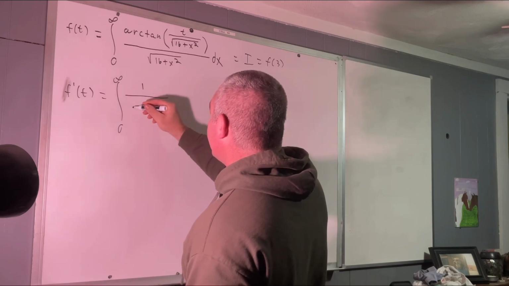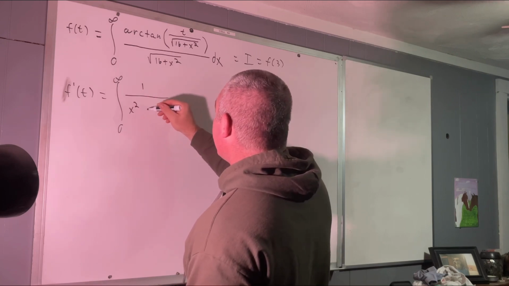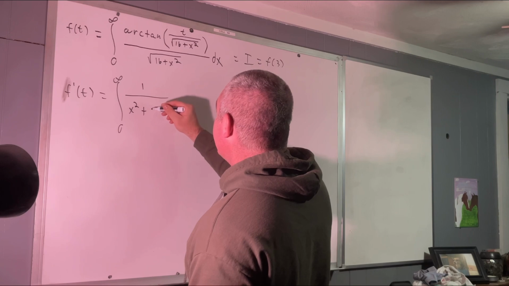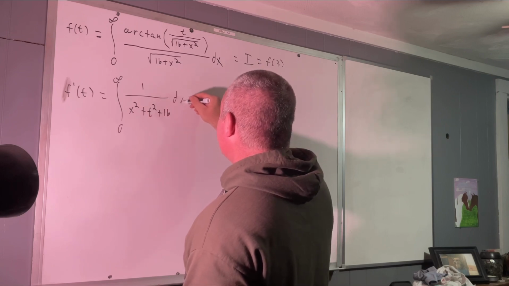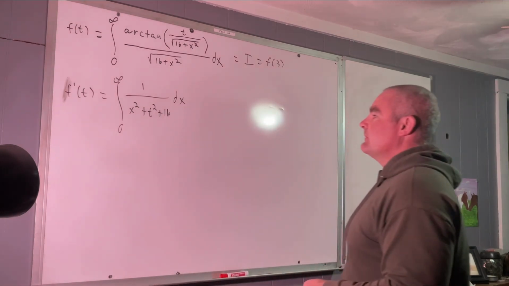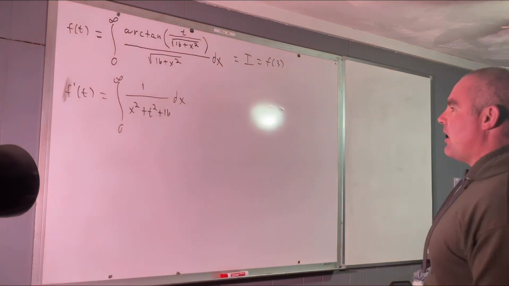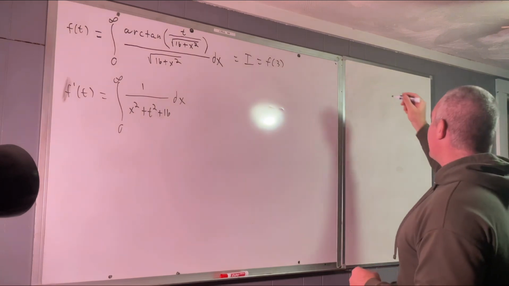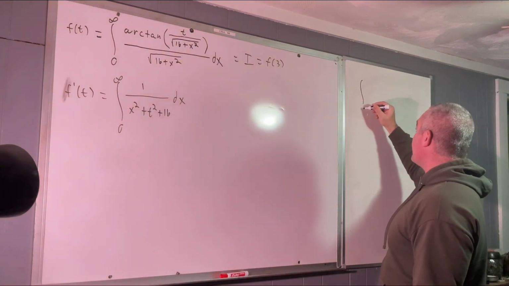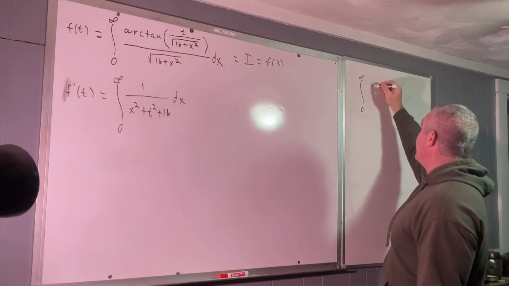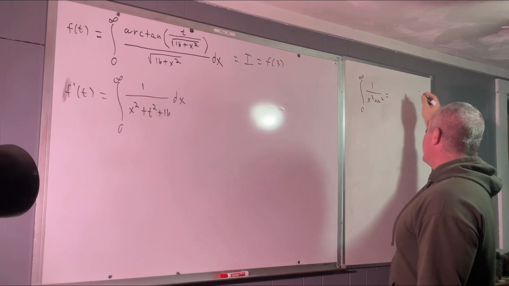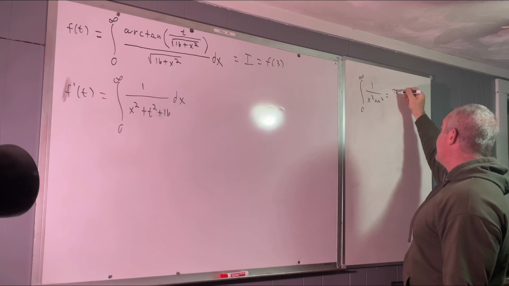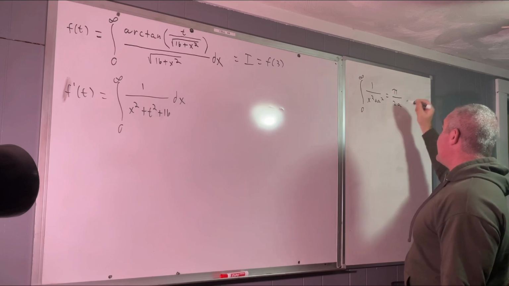So I believe it would just be this. We would just have 1 over x squared plus t squared plus 16 dx. And that's not a hard integral to evaluate if you remember that integrals in this form equal pi over 2a.